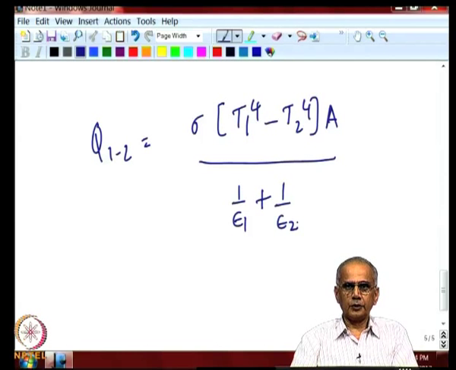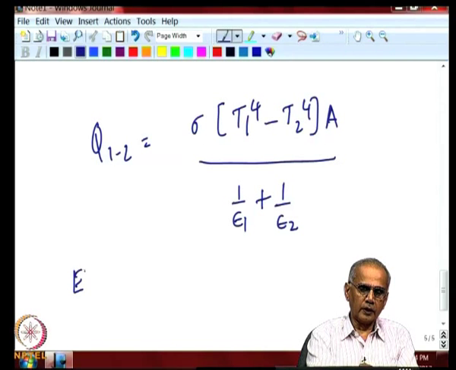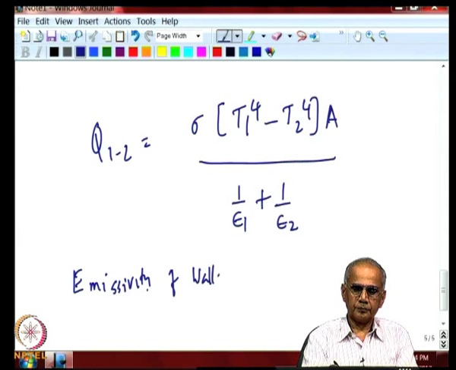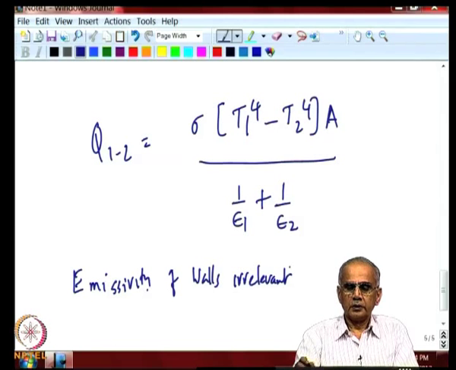So, that is the answer you get for this very unusual case of two pipes far apart in a big room, and then ultimately the heat transfer is determined by the emissivity of the two pipes. Emissivity of the wall is irrelevant, which is not surprising because the room is very large.